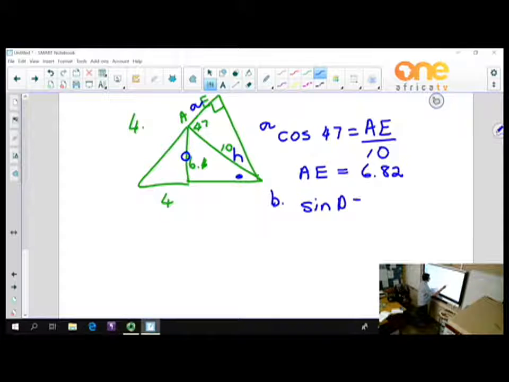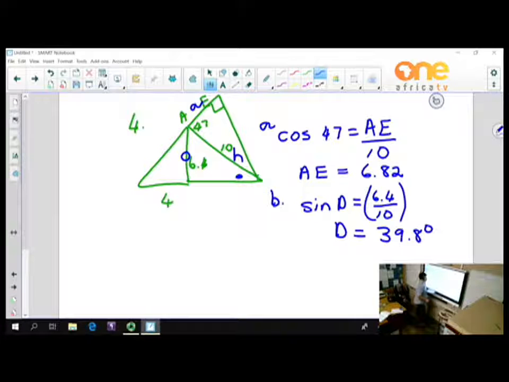So sine D is then 6.4 over 10. Which method? Second function, sine. Again, use brackets there, and I got 39.8 degrees.